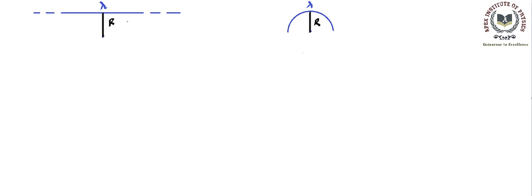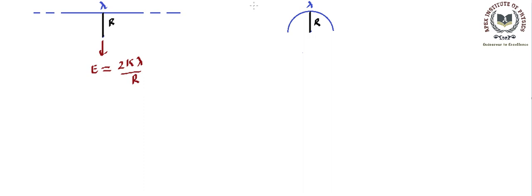Let me further illustrate the relation between the linear charge distribution and this semi-ring. We have talked about this infinite linear charge distribution. The field at a particular distance from this line is in this direction, and its value is E equal to twice k lambda upon r.